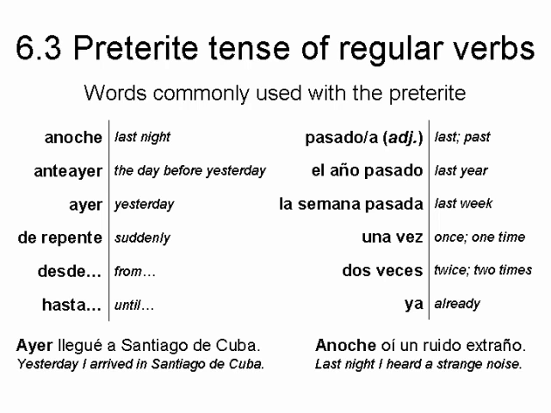Let's see, we've got anoche, anteayer, ayer, de repente, desde, hasta, pasado or pasada, el año pasado, la semana pasada, una vez, dos veces, ya. All these words are pretty self-explanatory.